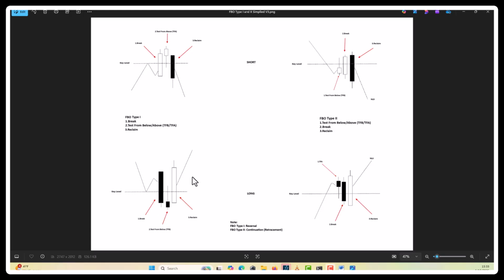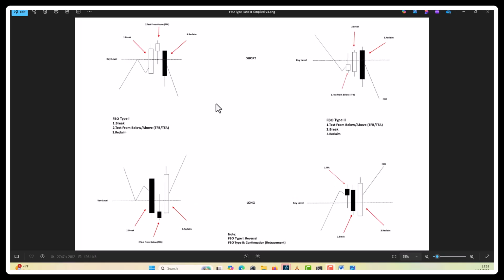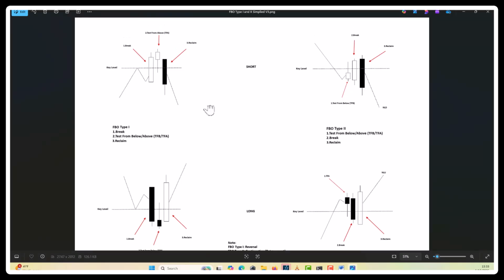the first 2 types of breakout, type 1 and type 2. Type 1 is on the left side and type 2 is on the right side. On the top is the short setup, and on the bottom is the long setup.